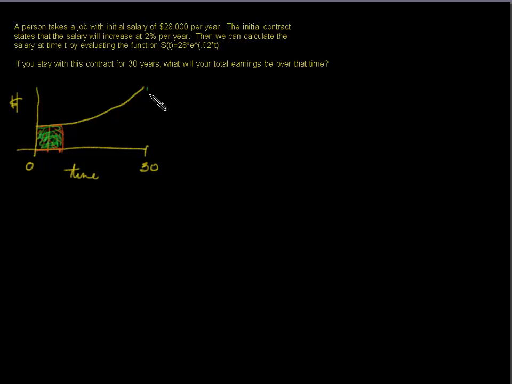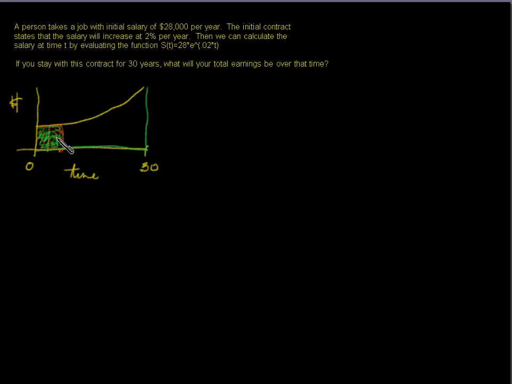And so I think that we could reasonably conclude that something like the width times the height, but we're going to have to be changing the heights from time to time. If I would calculate those and add them all up, I would know what the earnings were over the 30-year period.